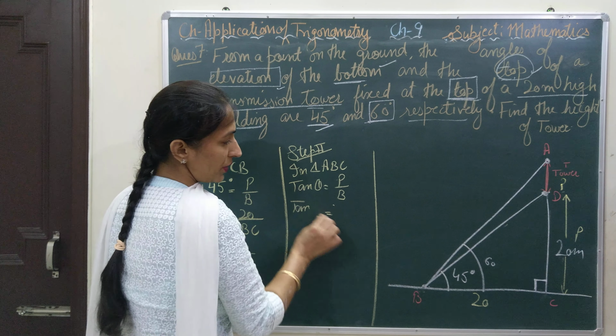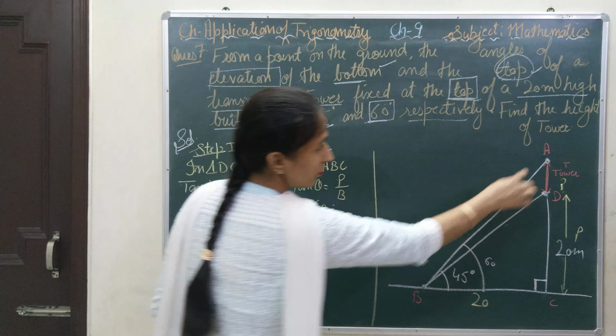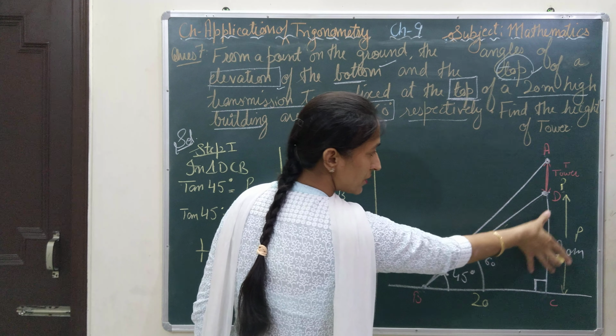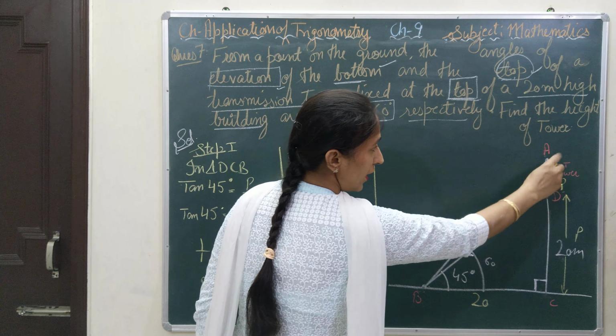Theta here for the bigger triangle is 60 degrees. What is the perpendicular for this triangle? It is AC. Full height you will be taking for the bigger triangle. For the first triangle we took only DC because only this part is included in that triangle. And for the bigger triangle, you take the full height AC. And what is the base here? For the bigger triangle, the base is BC.